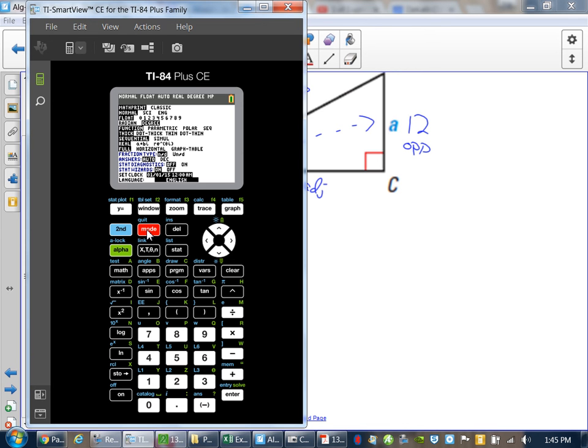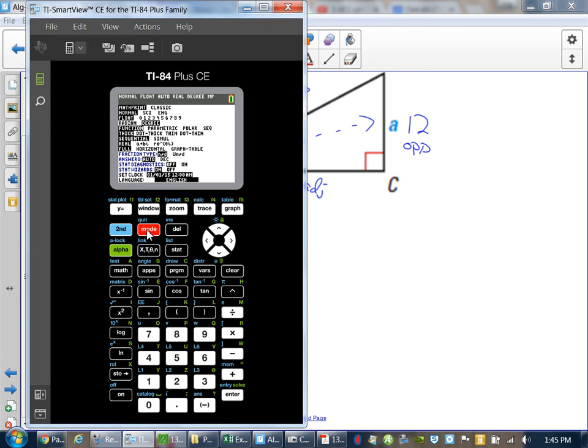Now, a lot of times, whenever you're doing trig stuff, especially for the course of the next week or so, we're basically living and dying with the calculators for a lot of this. Whenever you turn the calculator on, please make sure you are in degree mode.